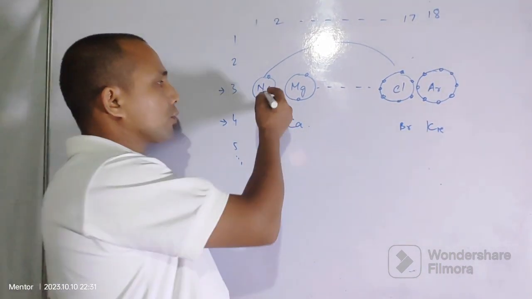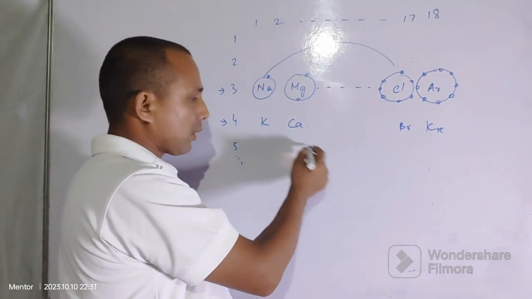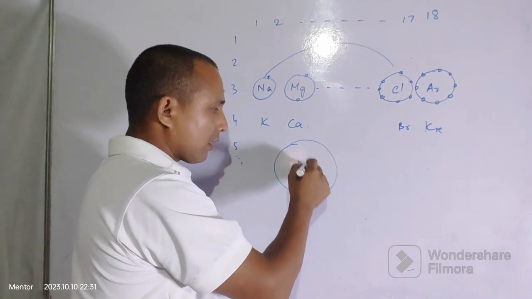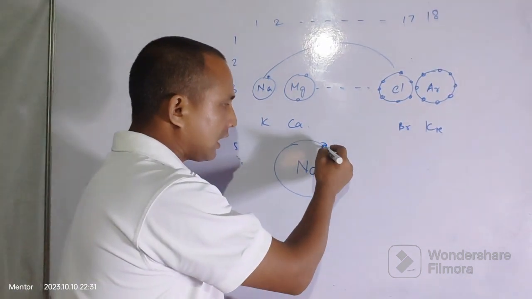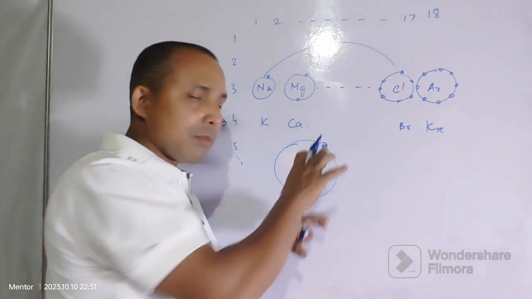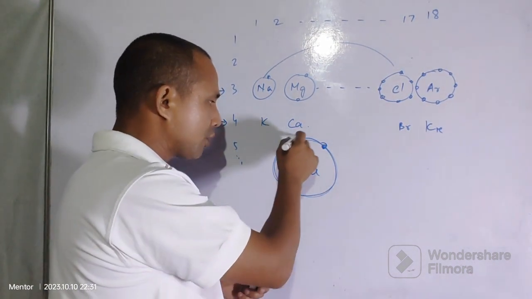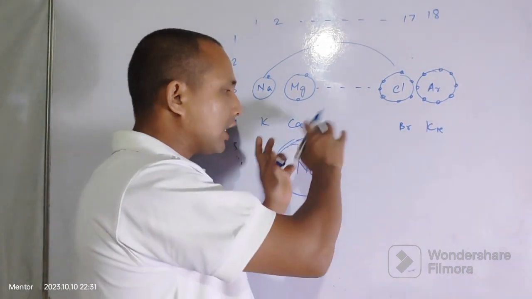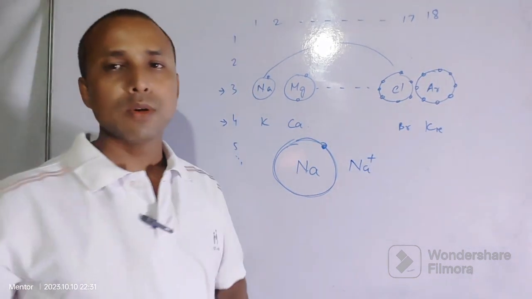Now sodium wants to give away this electron. When sodium atoms want to leave it, at the same time it makes the outermost shell loose. It becomes looser because it wants to leave it, and makes sodium a positive ion.